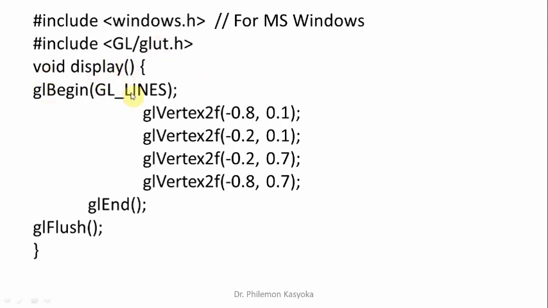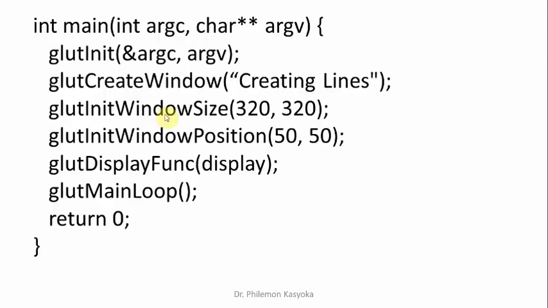And what changes in the display function is we are no longer working with points, we are working with GL_LINES. And these are the same coordinates we had from the previous program, and that allows us to display the points on the screen. And I also need to mention that this line is also in the previous code. If you are running it on a Windows-based system, then you need this line. So that's another thing that you must note for your program to work.